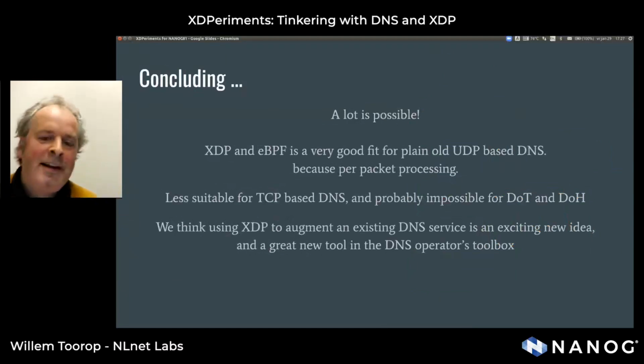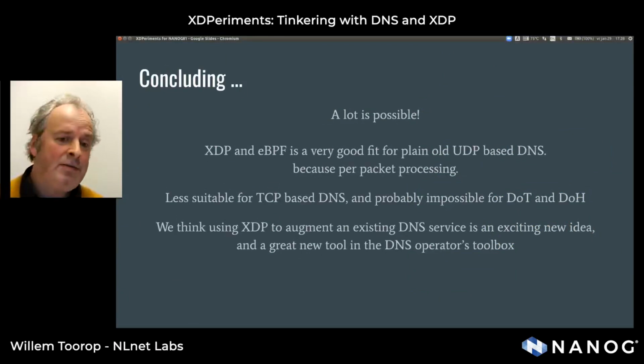So concluding, a lot is possible with XDP and eBPF, but it is especially a very good fit for plain old UDP-based DNS because it has per packet processing. Right?